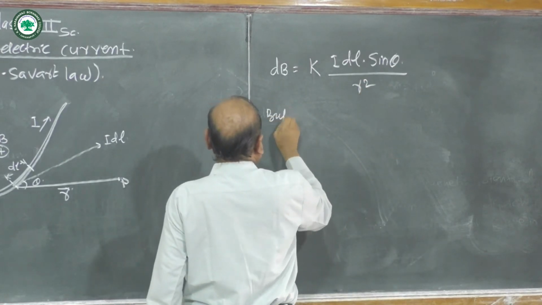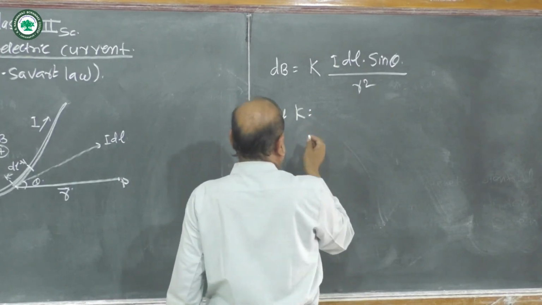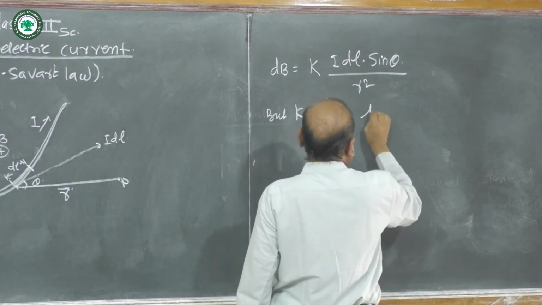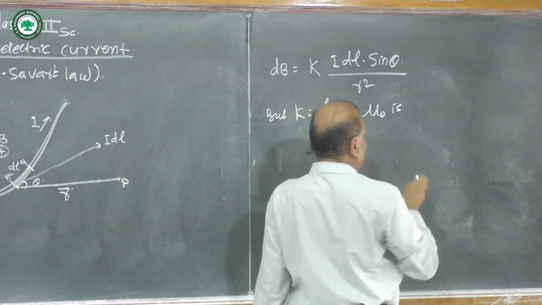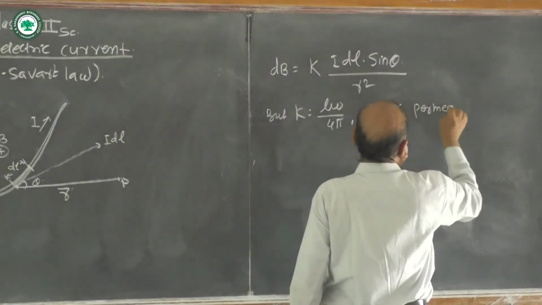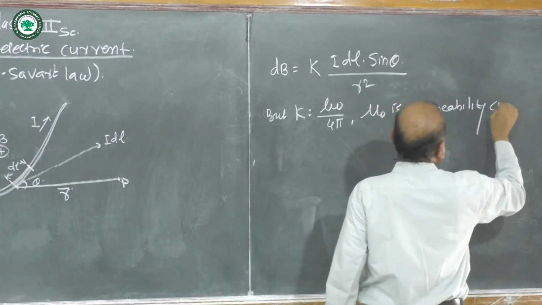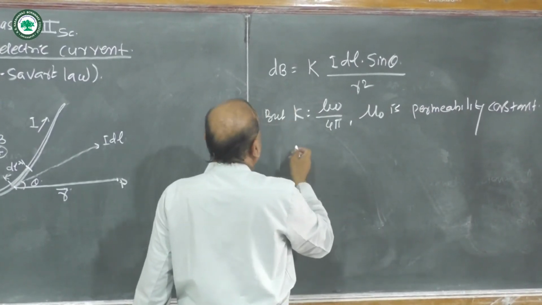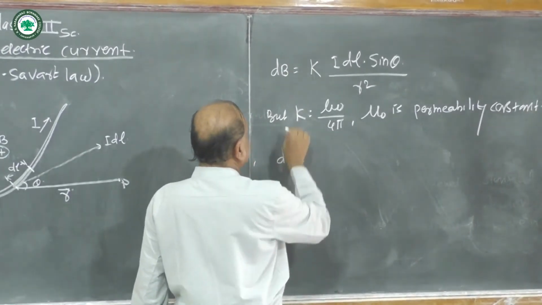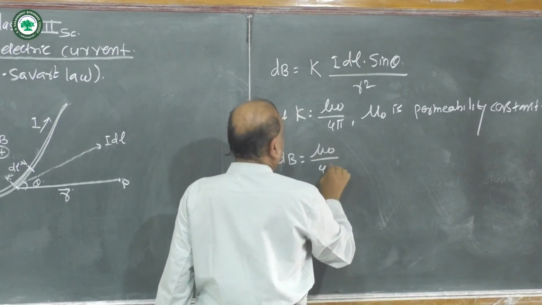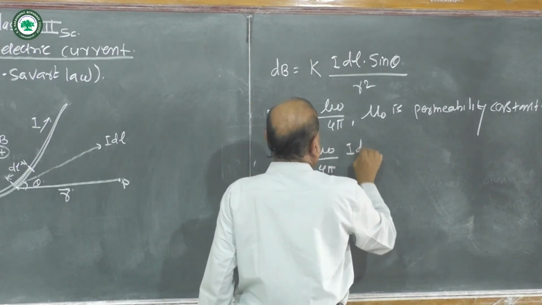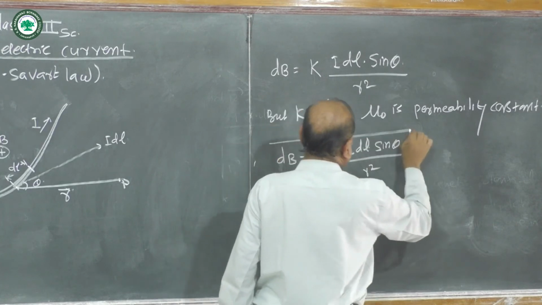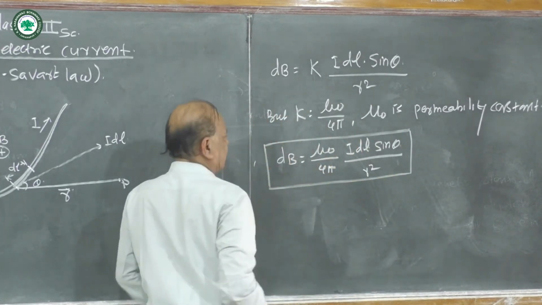The value of this constant for the magnetic field is given by mu 0 upon 4 pi, where mu 0 is the permeability constant, and this equation becomes dB equals mu 0 upon 4 pi I dl sin theta divided by r square. This is the Biot-Savart law.